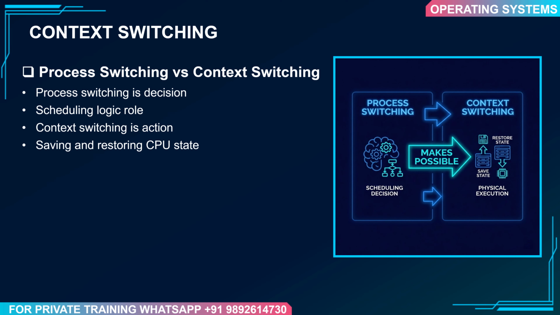Another important point is that context switching is not the same as process switching at a conceptual level. Process switching is the decision part, handled by scheduling logic. Context switching is the execution part, the physical act of saving and restoring CPU state. Scheduling decides who should run next. Context switching makes that decision possible in practice.